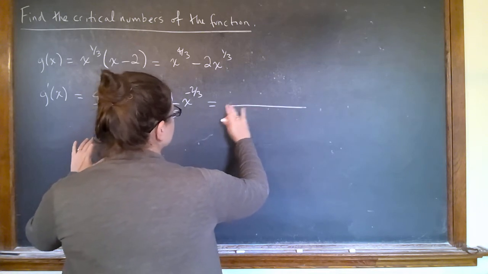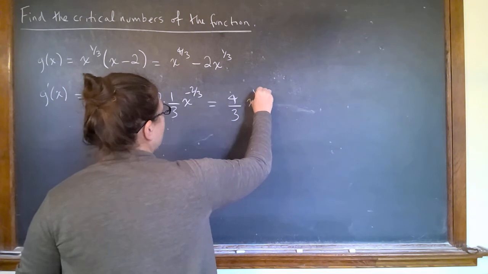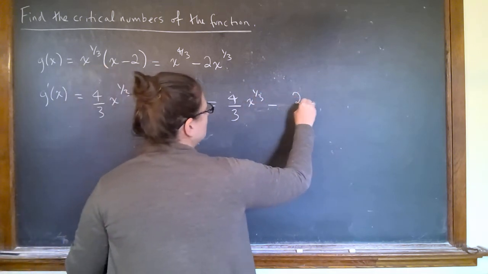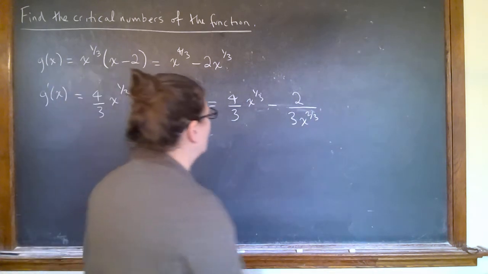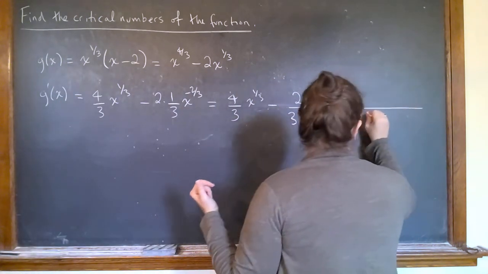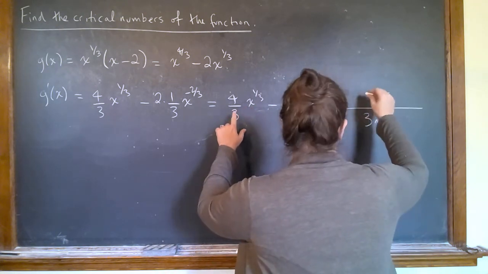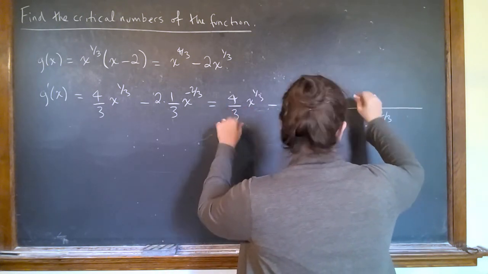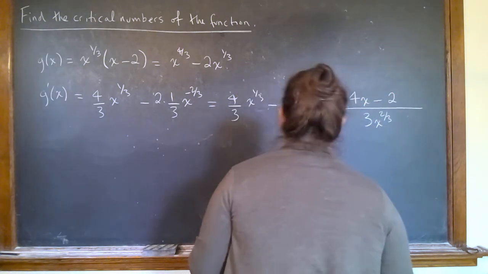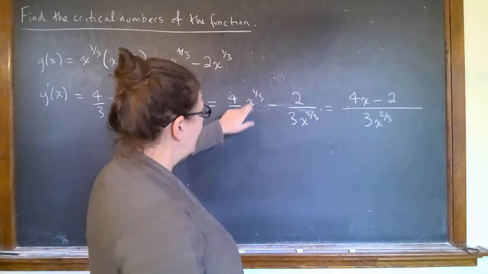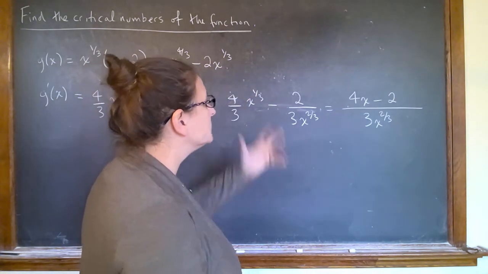I'm going to write it a little bit better. 4/3 x to the 1/3 minus 2 over 3 x to the 2/3. So if I make a common denominator, it's going to be 3x to the 2/3, right? So at the top, I'm going to end up with 4x minus 2, right? Because I'm going to have x to the 1/3 times x to the 2/3, it's going to be x.